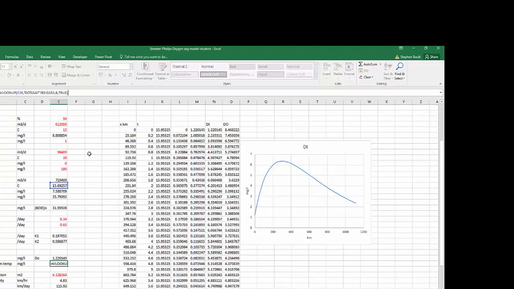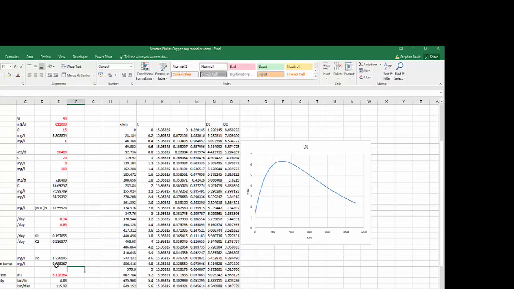So the temperature we're interested in, again, is 15.69 degrees, which is E26. The table is on the DO%SAT tab, and it's B3 to G153, and we're looking for the sixth column again, and we get true, so we can take an approximate answer for the temperature, and that gives us 9.68.